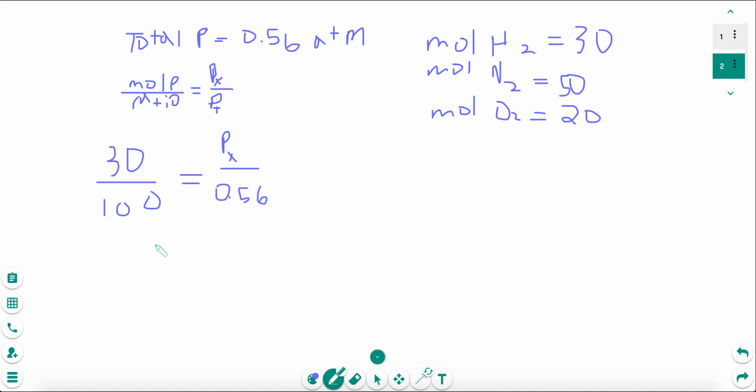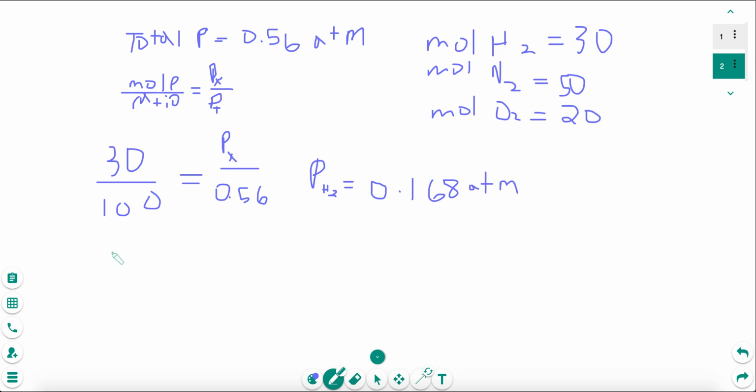So if we cross multiply, we can find the partial pressure of hydrogen to be 0.56 times 0.3, equal to 0.168 atm.